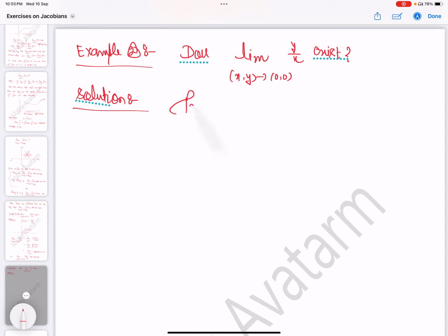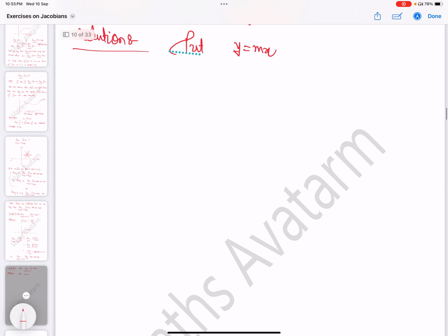So again take y is equal to mx because we are verifying whether the limit exists. So we have to select a curve which passes through that point (0, 0). So the limit (x, y) tending to (0, 0) of y upon x is the limit (x, y) tending to (0, mx) upon x.